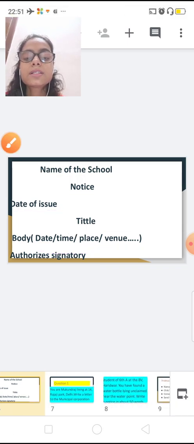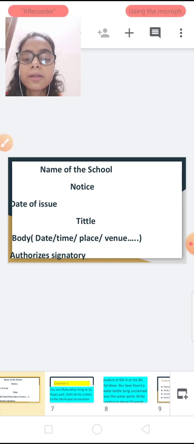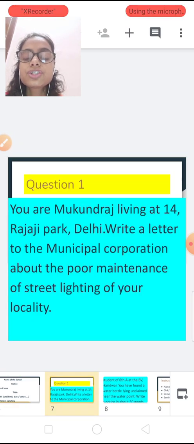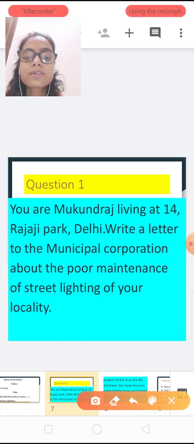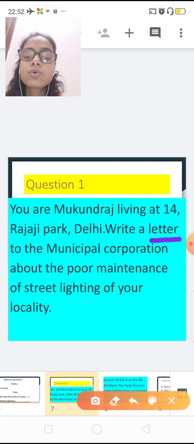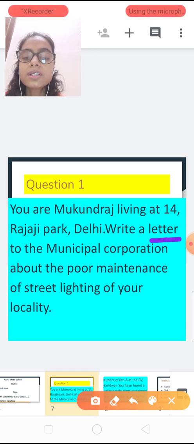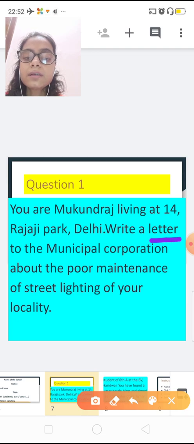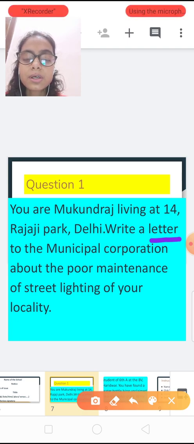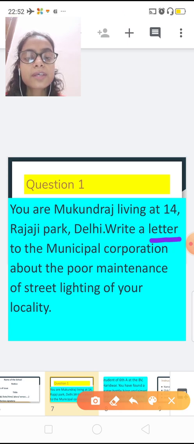Now let's see our assignment questions. The first question is from letter writing. What is the question? You are Mukund Raj living at 14 Rajaji Park, Delhi. Write a letter to the municipal corporation about the poor maintenance of street lighting in your locality.